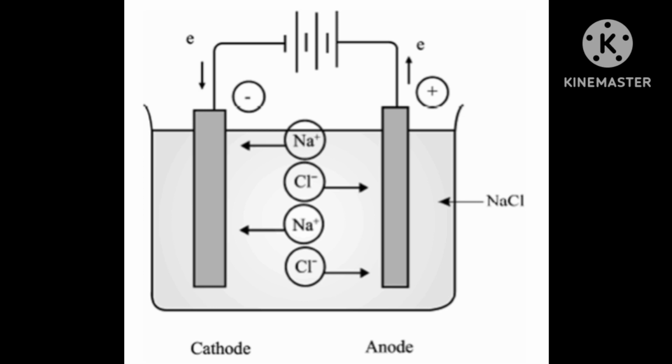Then put this value here: G, conductance, is equal to 1 upon R. If you put the value of R, rho into L upon A, then what will happen?